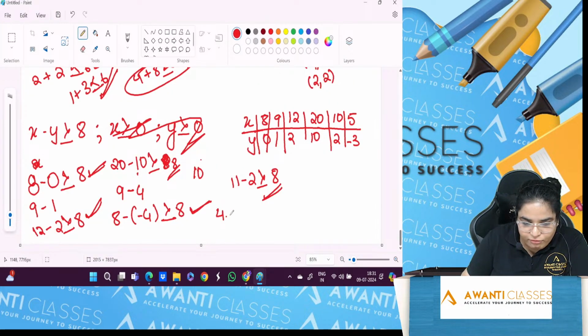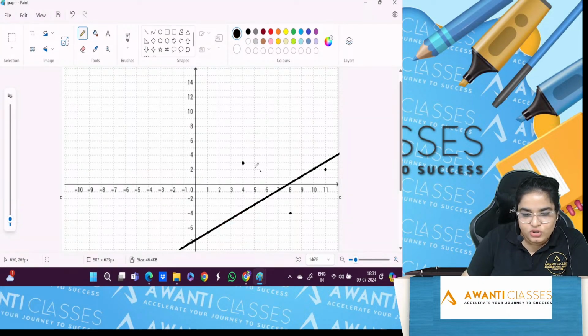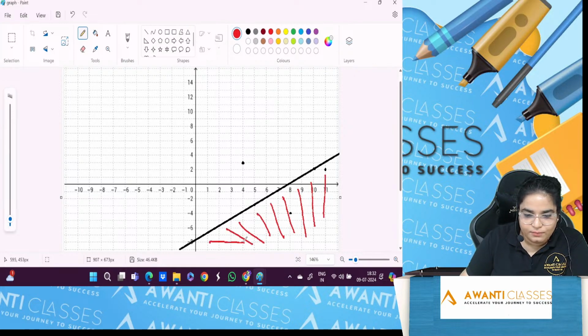If we take 4 minus 3, is that greater than equal to 8? No, this will not satisfy. So anything above the line is not satisfying, anything below the line is being satisfied. So what will we shade here? We will shade below the line.